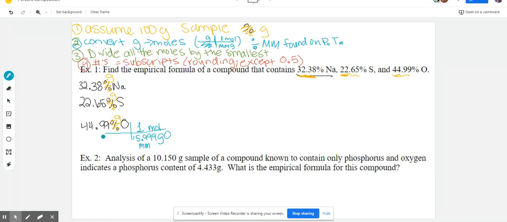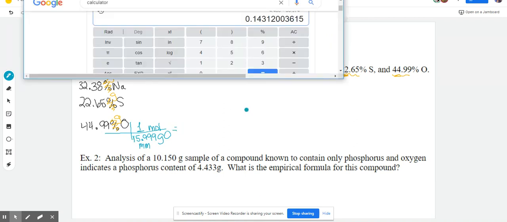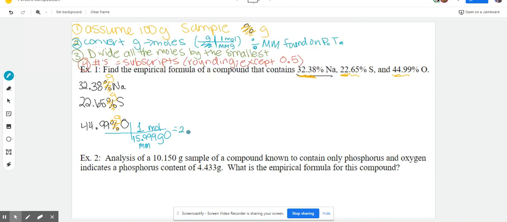This ends up being a division problem, right? 44.99 divided by 15.999. On the calculator, we end up with 2.812. We'll go to 4 significant figures, and we're going to label it moles.